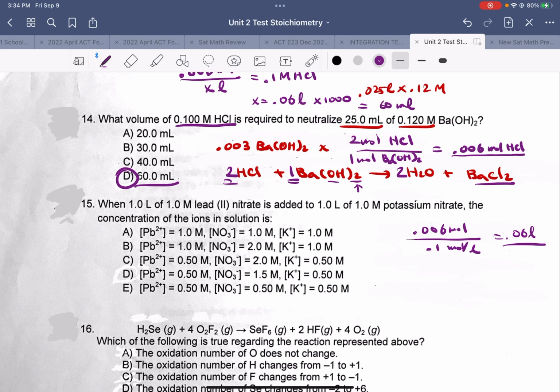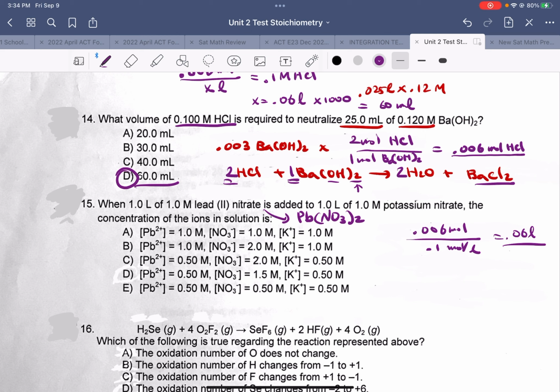1 liter of 1 molarity lead nitrate is added to 1 liter of 1 molarity potassium nitrate. The concentration of the ions in the solution is what? So this one, lead nitrate, so Pb is a 2 plus, NO3 minus, and then you're gonna need 2 of this, right?